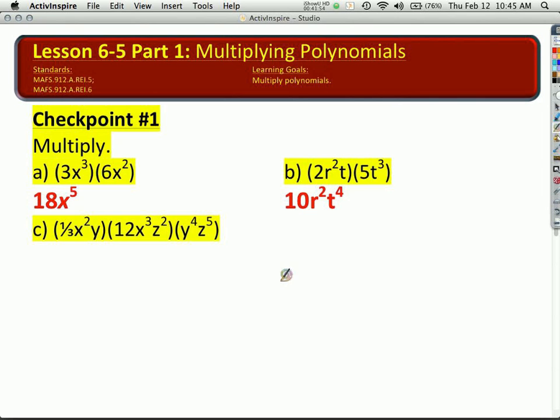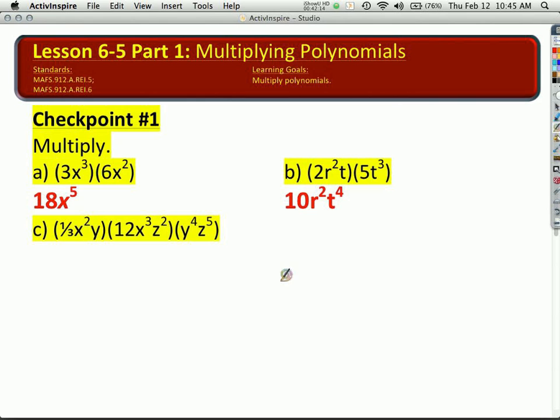And what about the beast-looking question? We got student 21, student 7, and student 2. Student 21. 4 times x to the 5th times y to the 5th times e to the 7th. Okay, student number 7. 4 times x to the 5th times y to the 7th.